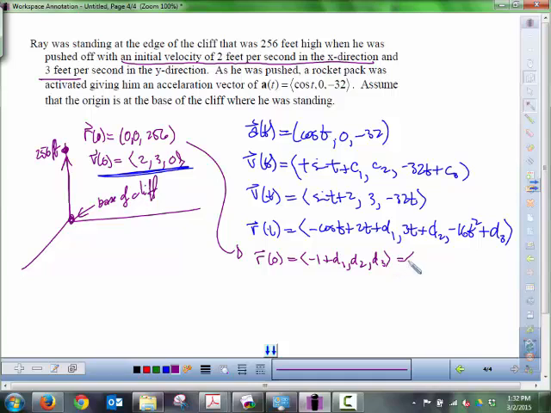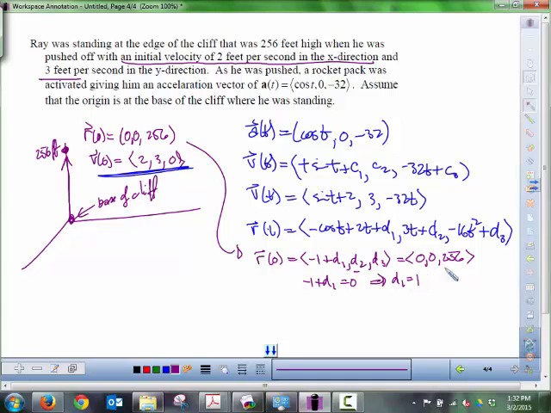And this is supposed to be equal to 0, 0, 256. So if I solve for d1, d2, and d3, d2 is going to be equal to 0, and d3 is going to be equal to 256, but d1 is going to be equal to positive 1.